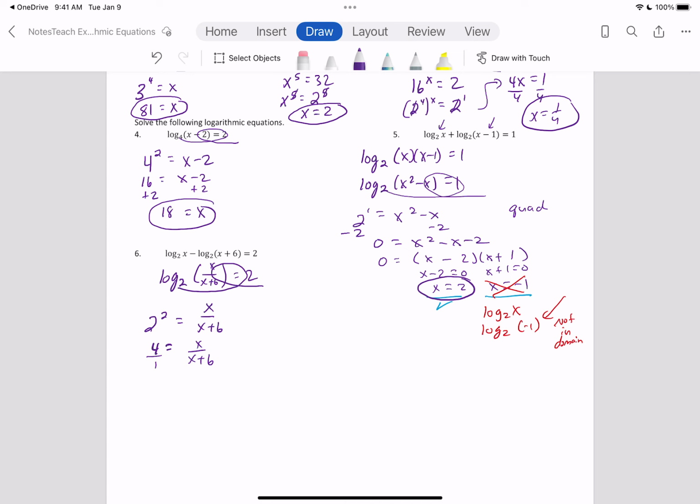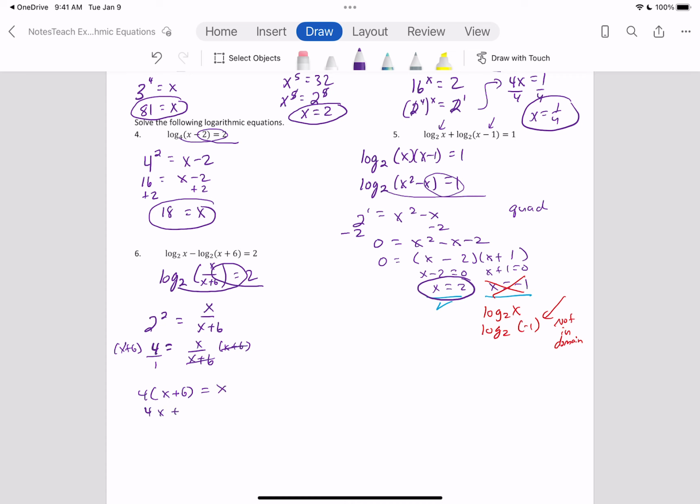Now remember, this is one of those rational equations. This was what I was talking about. These problems are bringing up a lot of things that we've already learned in this course, right? So my LCD is x plus 6. If I multiply both sides, I get 4 times x plus 6 equals, on this side they cancel, right?